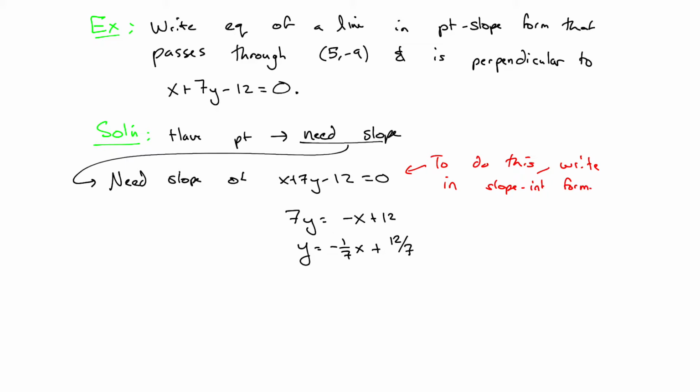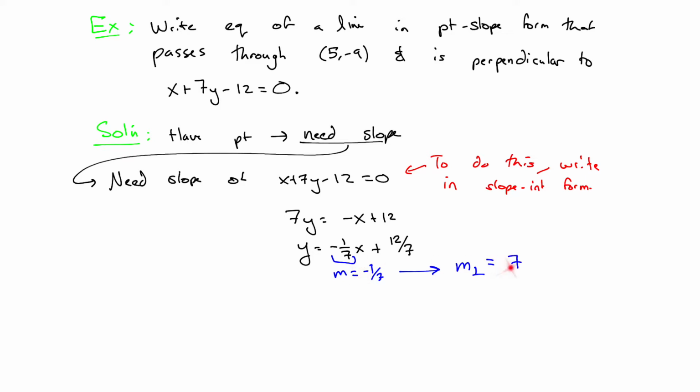This was our given line. We only care about the slope of this line, because that's going to give us the slope of our line that we're trying to find. So this line has a slope of negative 1/7, which means that m perpendicular, our line, has a slope of positive 7.